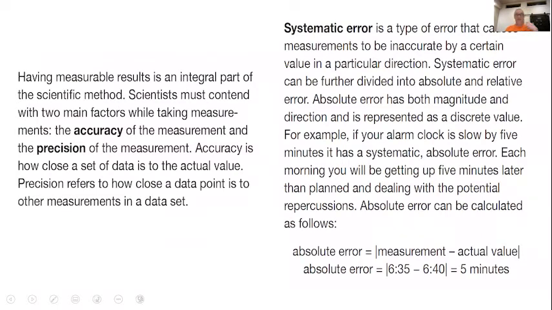So remember, there is a big difference, and you noticed this in your pre-lab, between accuracy, which is how close you get to the correct, so-called correct answer.